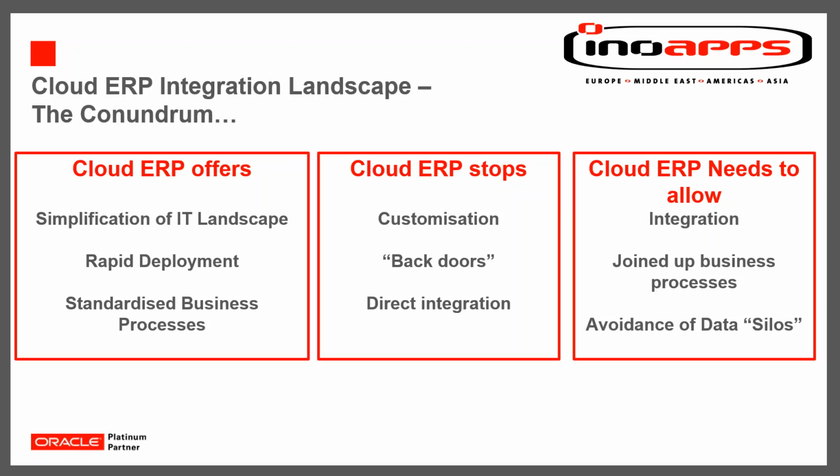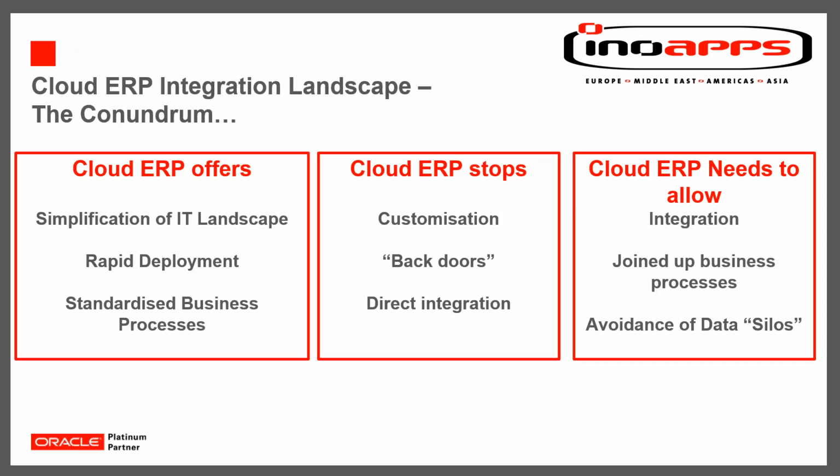And of course, one of the key considerations for cloud ERP solutions is that as an organization, there will be an inherent move to standardized business processes. Cloud ERP solutions offer best practice processes, and the key fundamental assumption is that your organization will adapt to those best practice business processes. What that means is cloud ERP solutions also stop customizations.